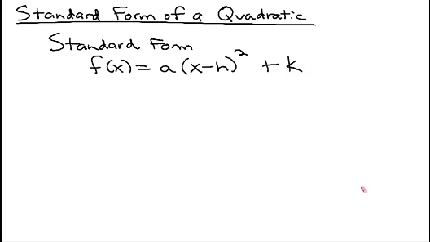All right? And in this equation, the vertex has the coordinates h, comma, k.